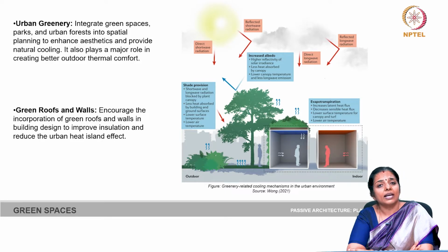We need that kind of lung spaces in our settlements. Additionally, encouraging green roofs and walls in building design improves insulation. It mitigates the impact of urban heat island effect.